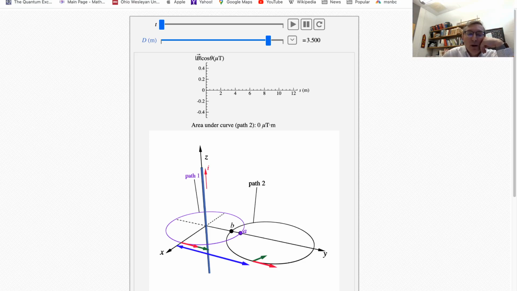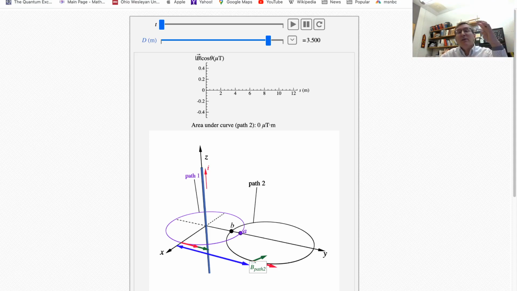So if I look at path 1 at that one location, the red arrow is the ds at that one point, and the B is in the same direction, because we know already that the magnetic field produced by a long straight wire circulates around the center of that wire. Look at path 2. Here's the same corresponding ds tangent to the wire, but there's the actual B at that location.